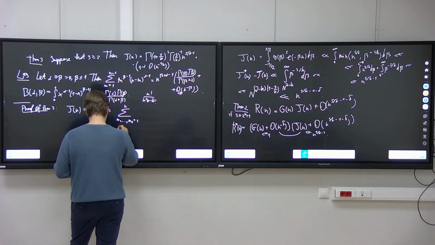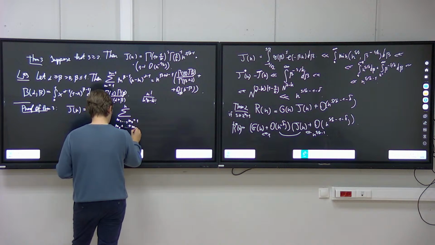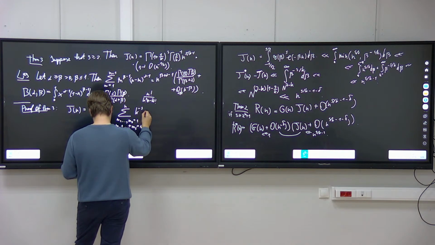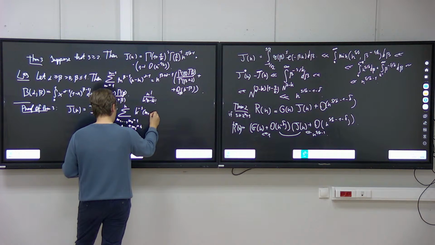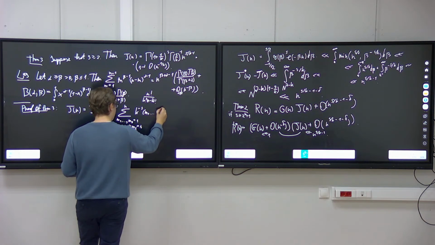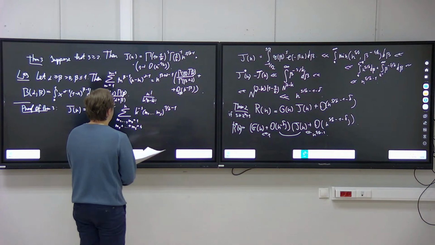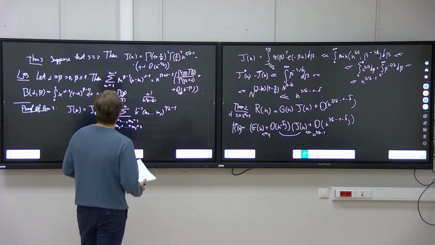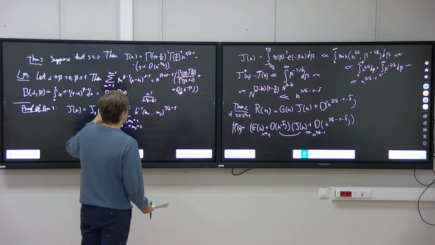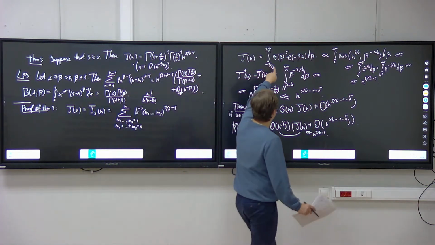Sum over such solutions, m1 plus ... plus ms equals 1, k to the power minus s, m1 ... ms to the power 1 over k minus 1. And why is that? So this is our g of n, yes?